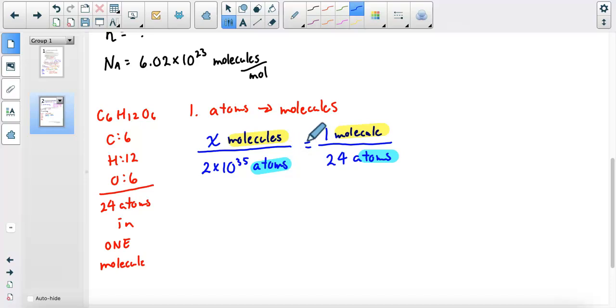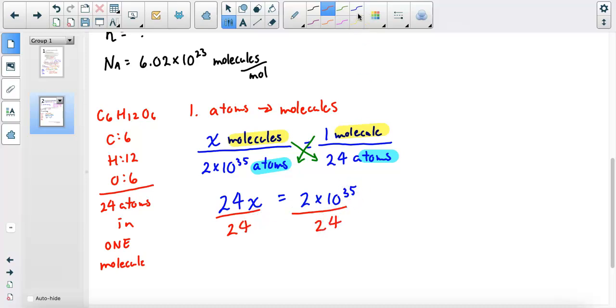Using your simple math, you're going to cross multiply, and you're going to get 24x. Okay, this first arrow, x times 24, is equal to 1 times 2 times 10 to the 35, which is just this value. Anything times 1 is just itself. In order to solve for this x, we're going to divide by 24. What you do to one side, you do to the other. And you are going to get x is equal to 8 times 10 to the 33 molecules.